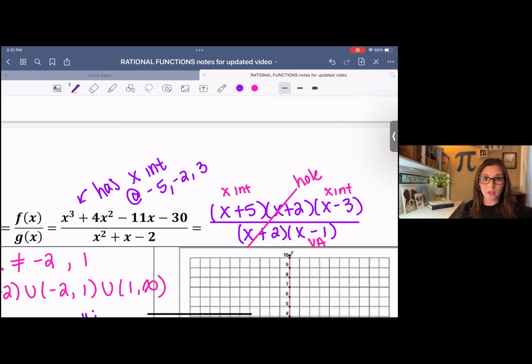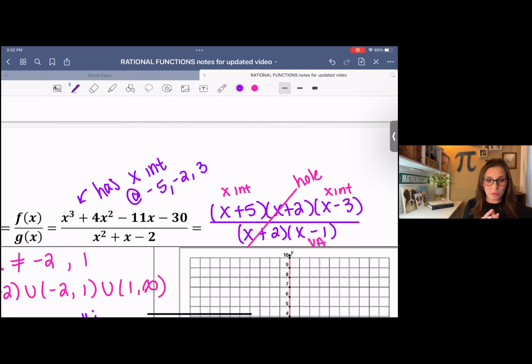So we can write that in factored form using those roots, those x-intercepts, as (x + 5)(x + 2)(x - 3). And that's how you factor easily. And then for the denominator, we're looking for factors of -2 that add to 1. We get +2 and -1. And now our function is completely factored.